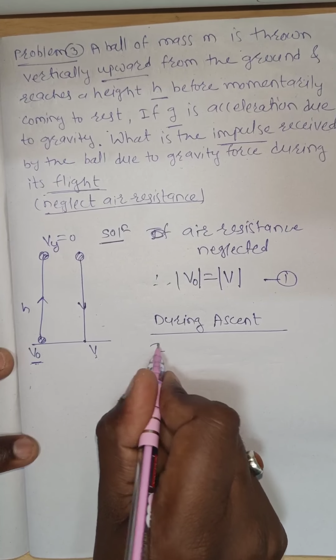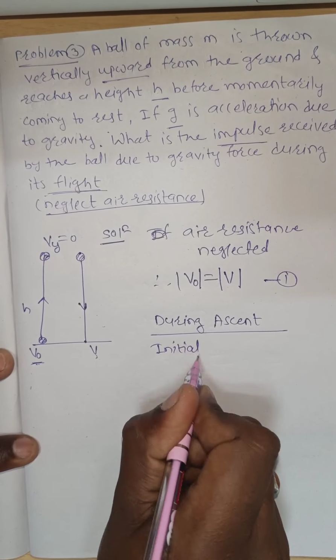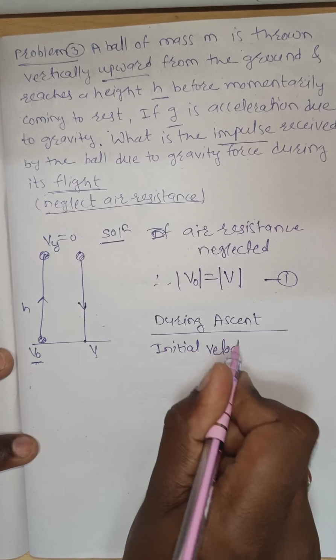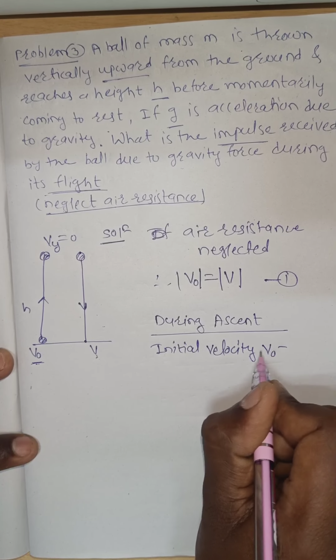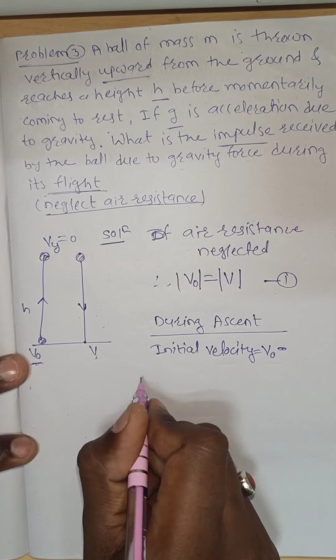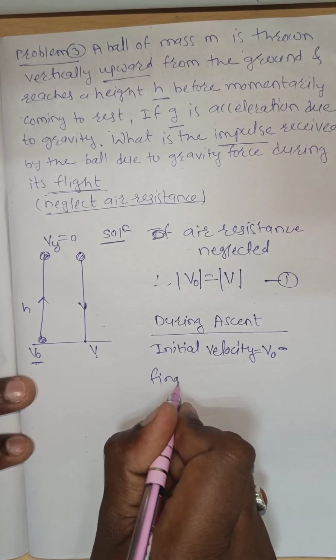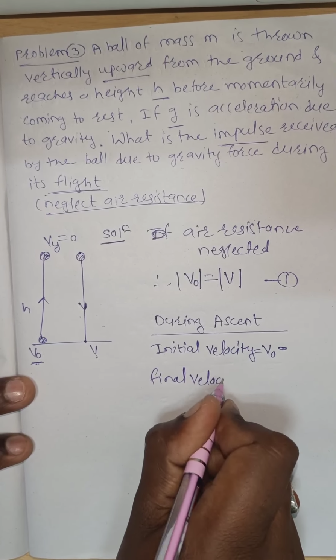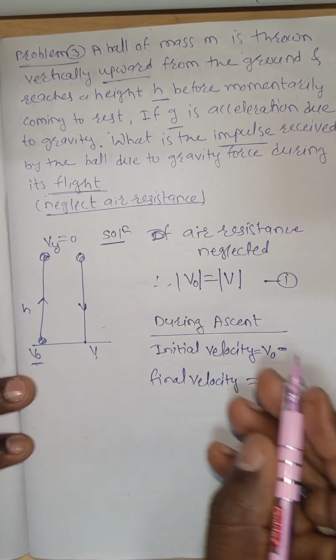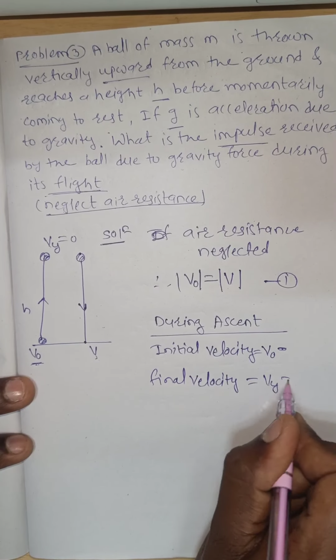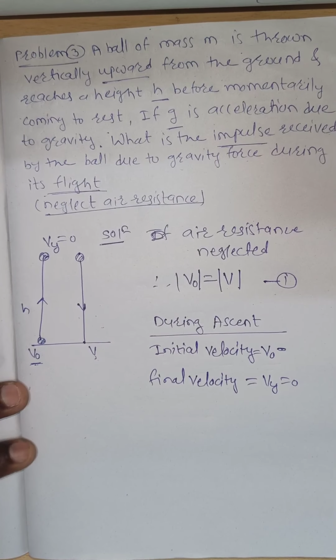During ascent the initial velocity is v0 and the final velocity is vy, which is equal to 0.